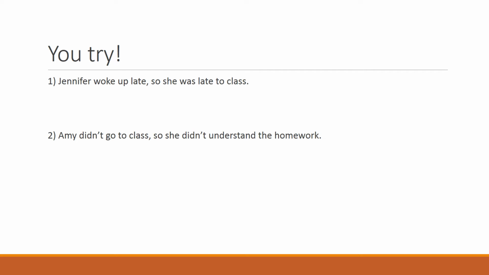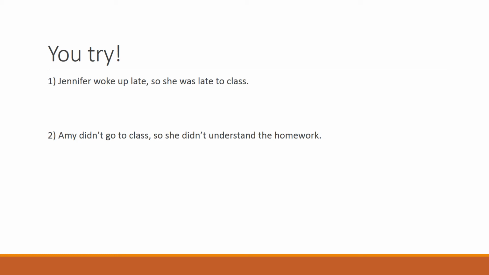So again, the true sentence, Jennifer woke up late, so she was late to class. I know this already happened because it uses past tense, so I know I need to use past perfect in my if clause. So the answer for number 1 is, if Jennifer had woken up early, or I can say, if Jennifer hadn't woken up late, she wouldn't have been late to class.